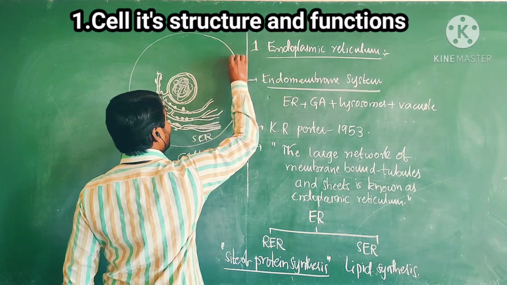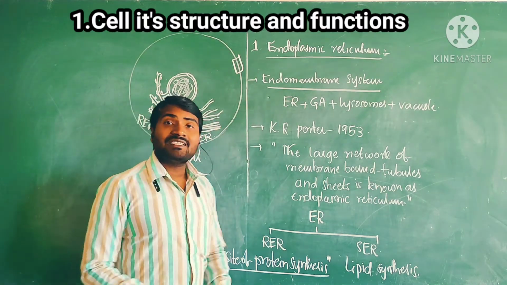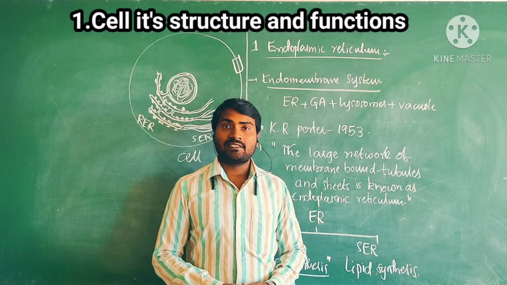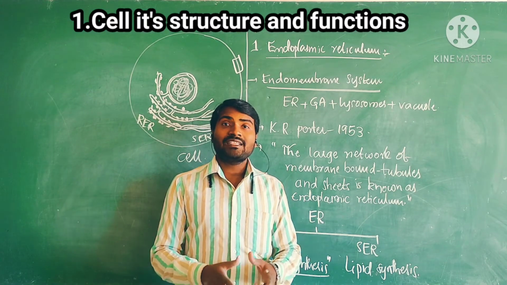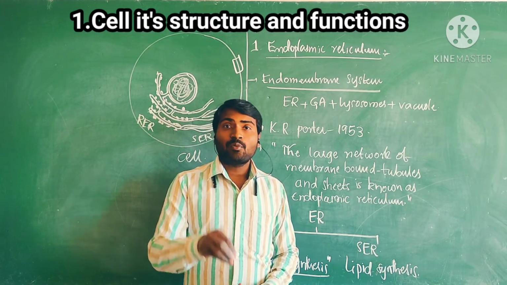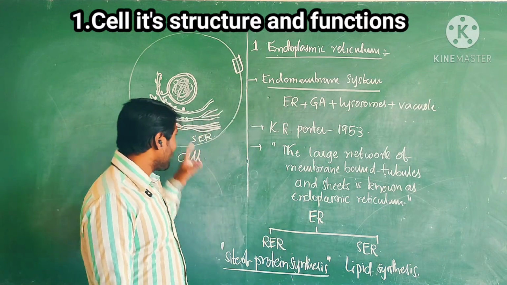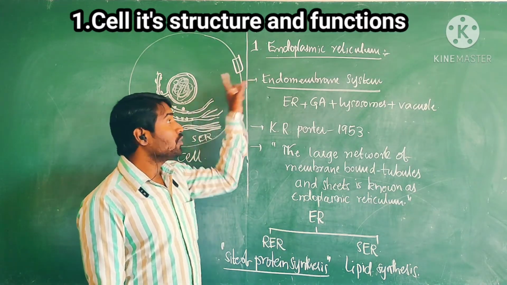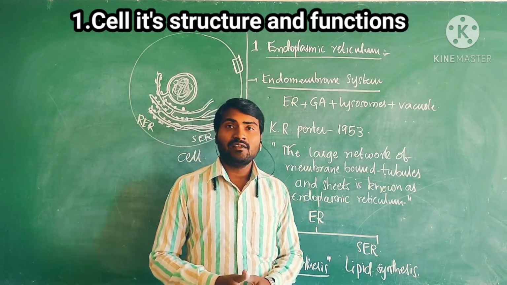After the synthesis of these proteins and lipids, they have to move to the cell membrane, which is also made up of proteins and lipids. Wherever the proteins and lipids are required, they move from the endoplasmic reticulum to the area of need.